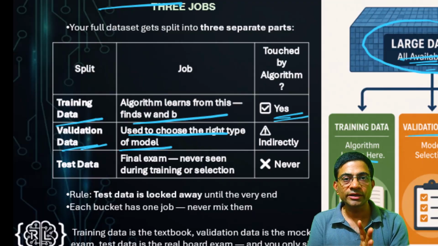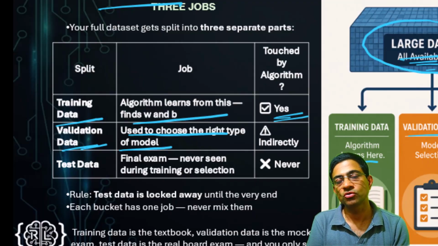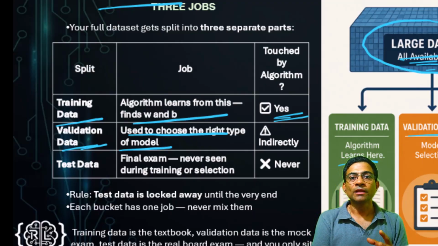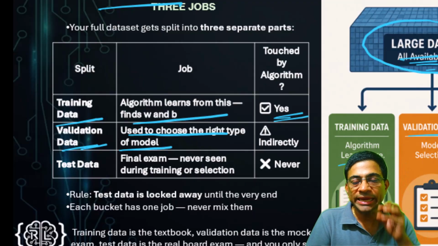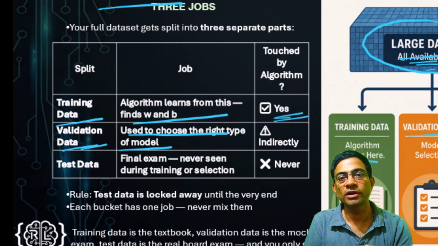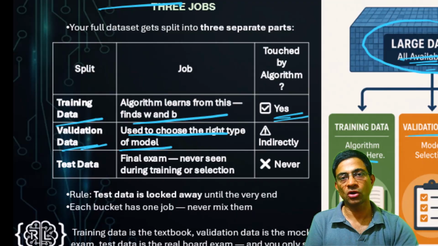First, the training data is plain training data. The algorithm is fully playing with it and gets the parameters and models out of it. Then we have the validation data, where the user, the human being in the loop, decides which type of model to choose between all the models given by the algorithm.